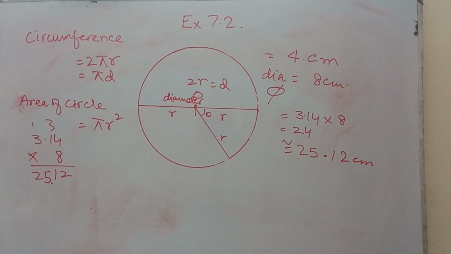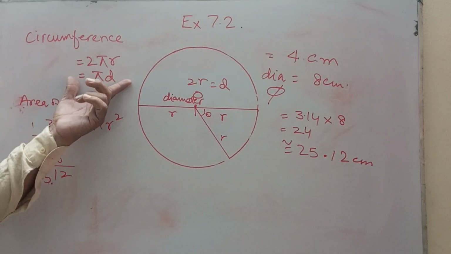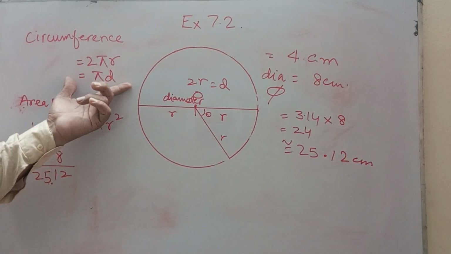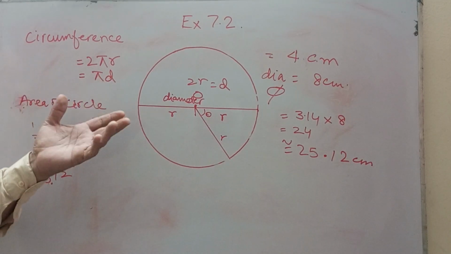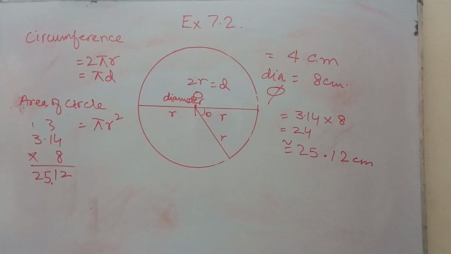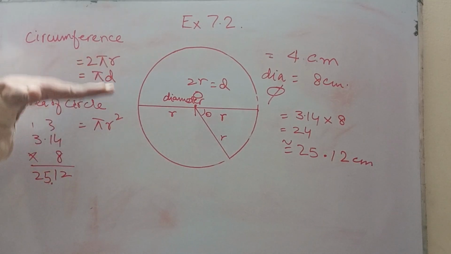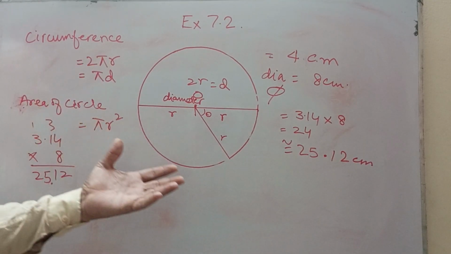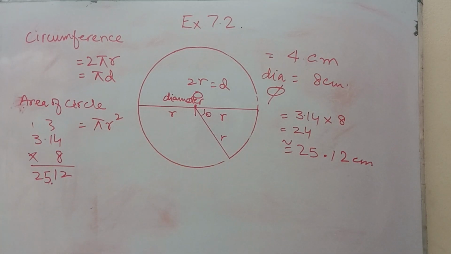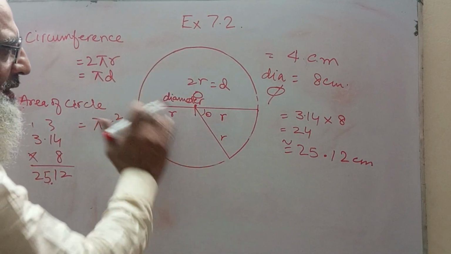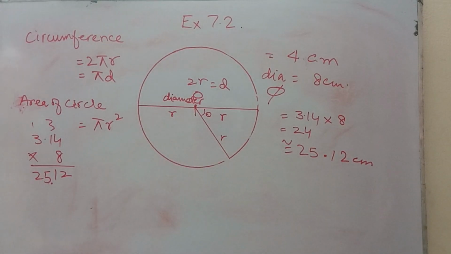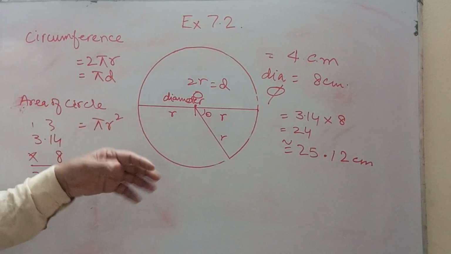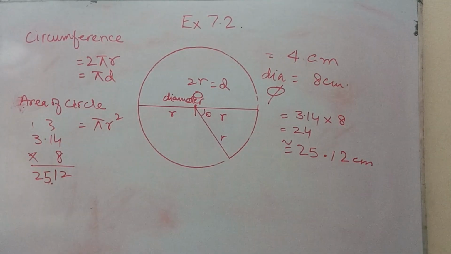Now the question arises: from where have these figures come? Through repeated practicals on circles, and by dividing the circles into different sectors, we have come to know that there is a constant figure which always comes with the radius.